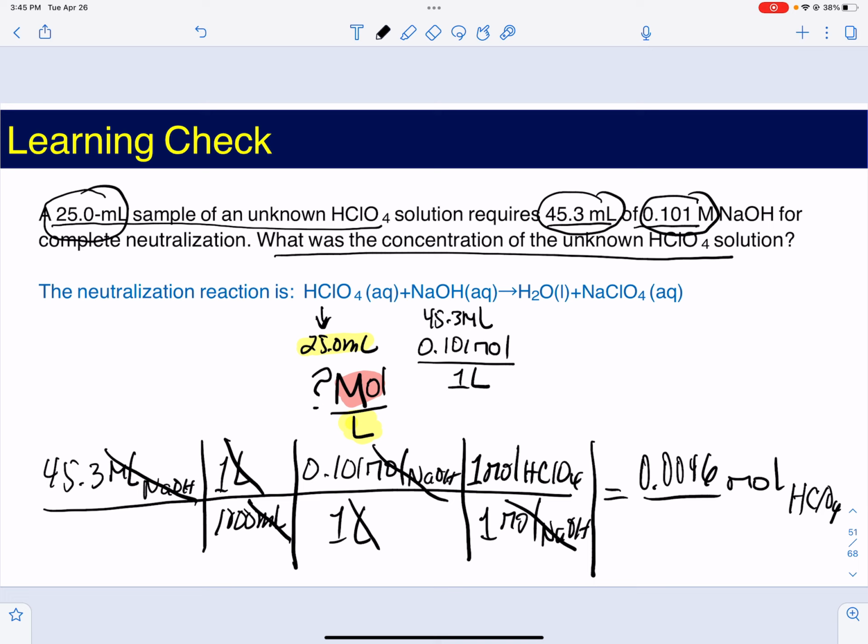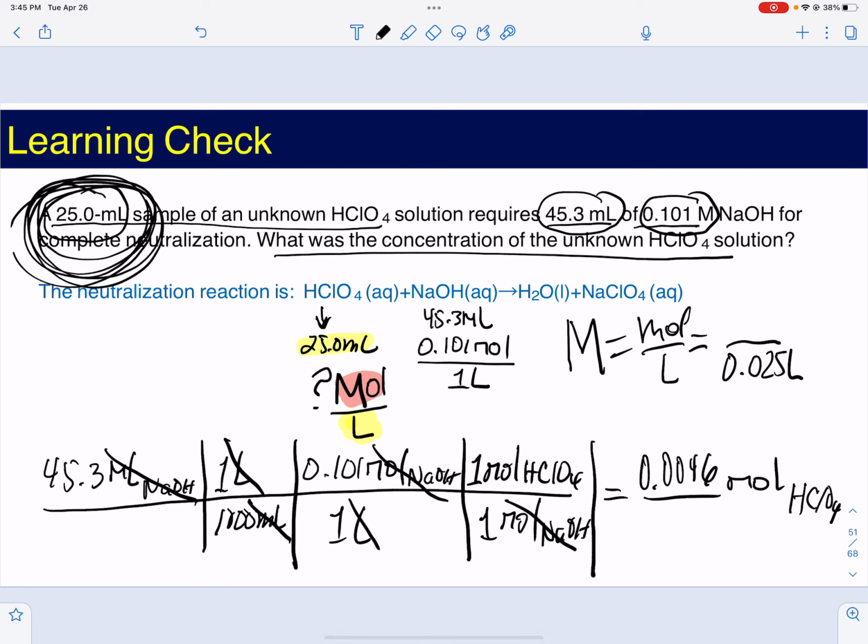But I am looking not for the moles of perchloric acid, I'm looking for the concentration, which is the moles divided by the liters. I know how many liters I have, 0.025 liters. So I took my 25 milliliters and changed it into liters. And I know how many moles I have, 0.0046 moles. I just found those, right?